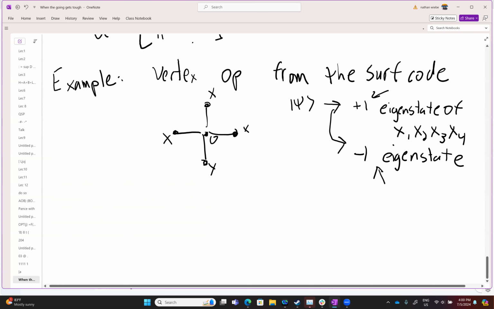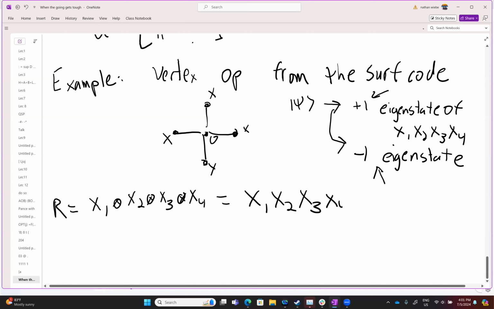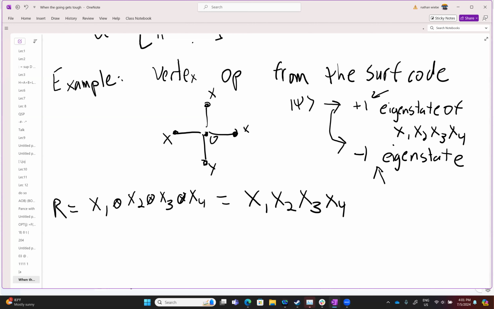So the reflection operator that we're going to pick in this particular case is actually really simple. The reflection operator is just x1 tensor x2, tensor x3, tensor x4, which is, of course, the same thing using the standard kind of lazy convention that separate subscripts imply that there's a tensor product between everything.